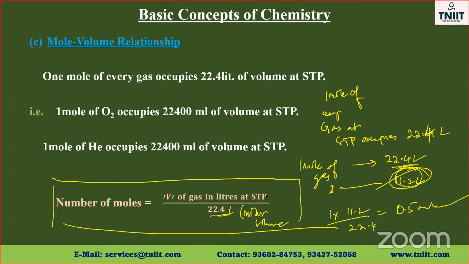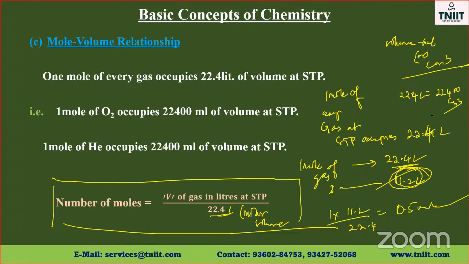So volume of gas at STP divided by molar volume. If at all they give you volume in ml or centimeter cube, now you take molar volume also in centimeter cube. 22.4 liters is 22,400 centimeter cube.